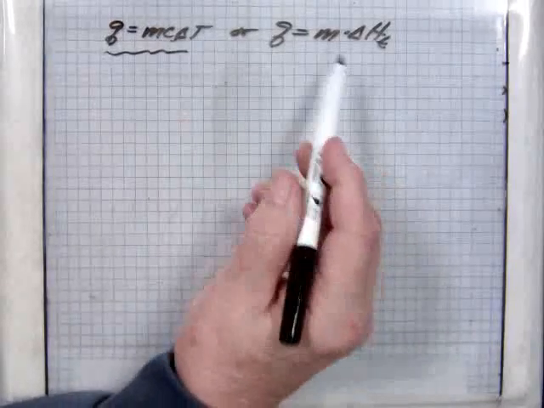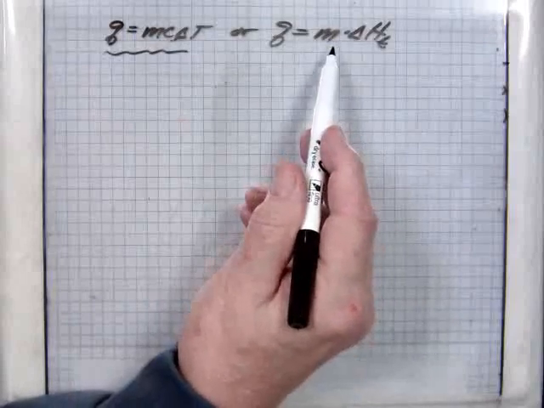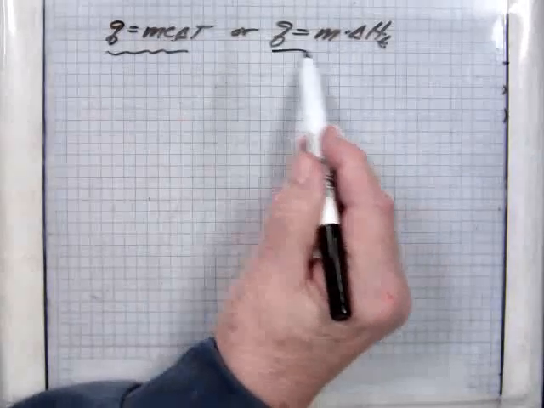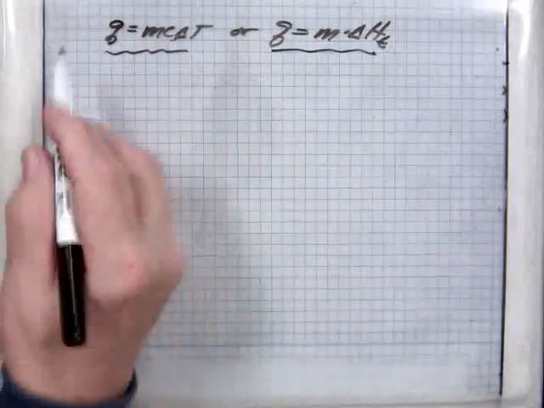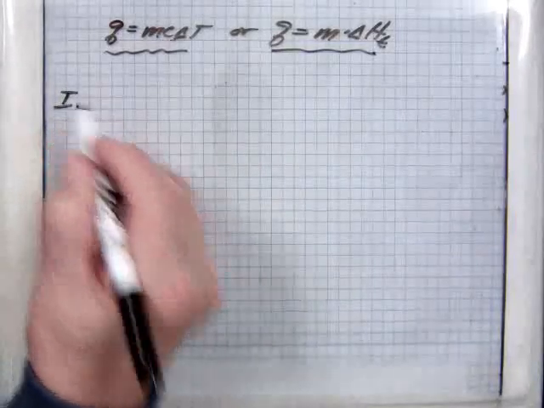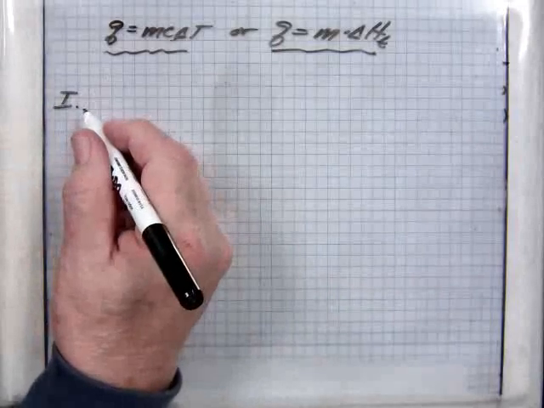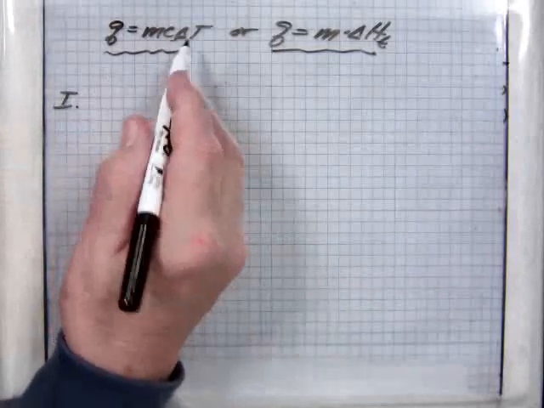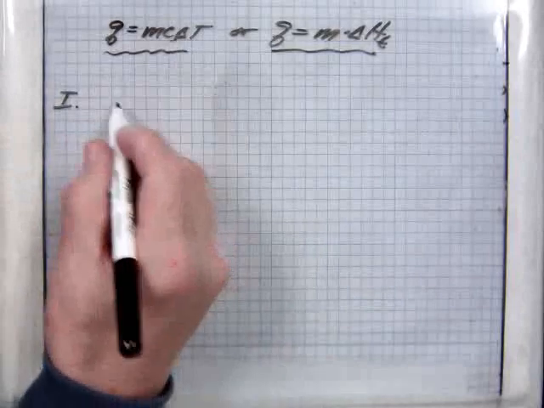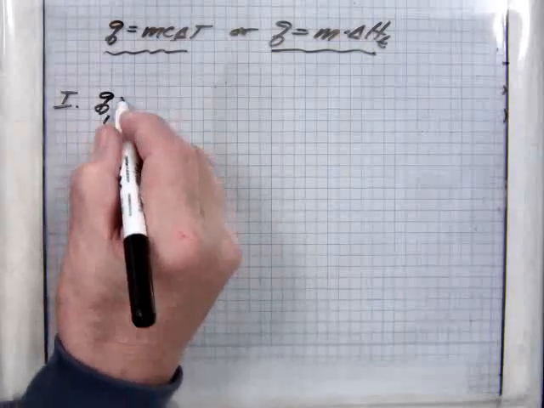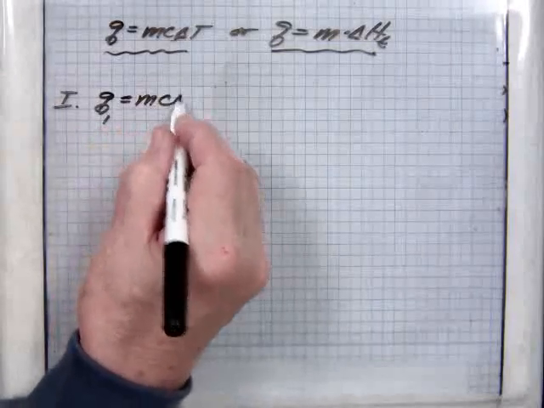If it's talking about a phase change, melting or evaporation, you'll use the second equation over here. So the first region we're talking about is going from minus 10 to 0 degrees, which is a change in temperature, right? So we'll use Q1 equals MC delta T.